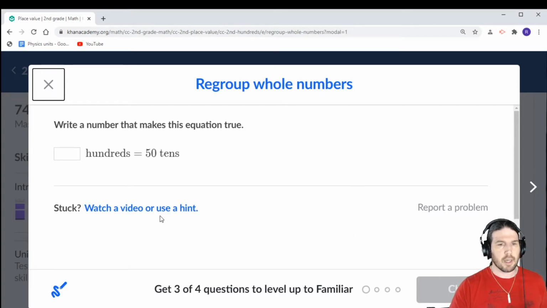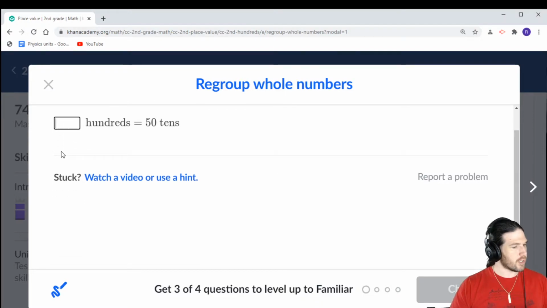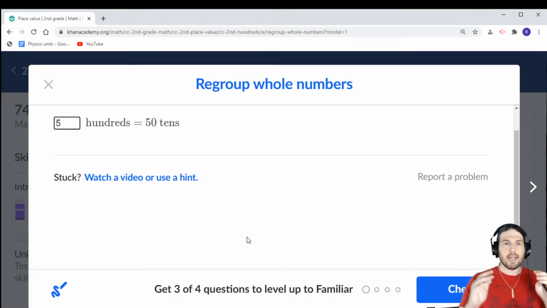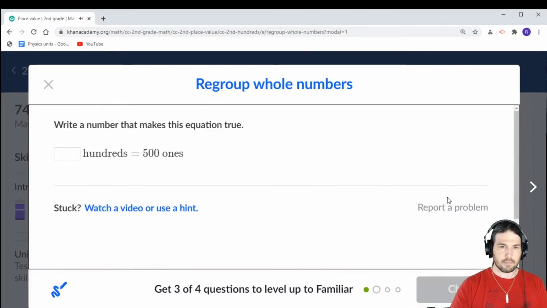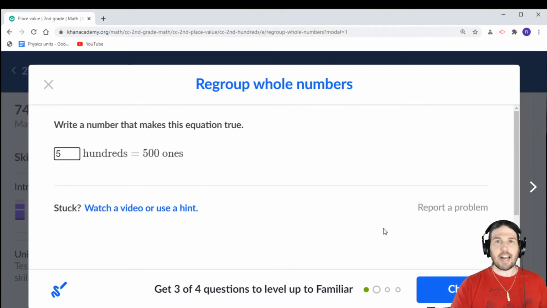Regroup whole numbers. Okay, so if I have 50 tens, well, that would be 5 hundreds, right? Because I would take 10 of the tens and cram them together, and 10 of the tens, and there would be 5 groups of 10, so that's 5 hundreds. 5 groups of 10 tens. So if I have 500 ones, well, that's 5 hundreds.